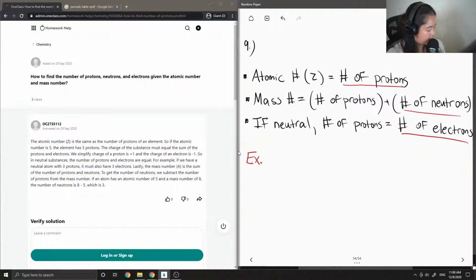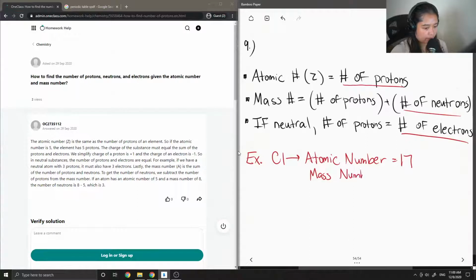So for example, let's say we had chlorine. It has an atomic number equal to 17, and it has a mass number equal to 35.